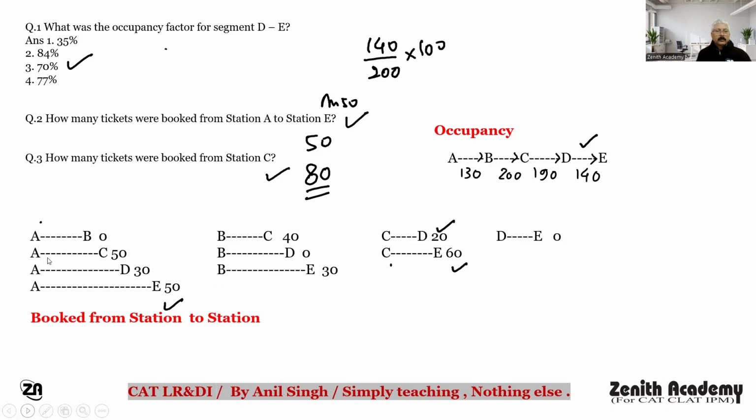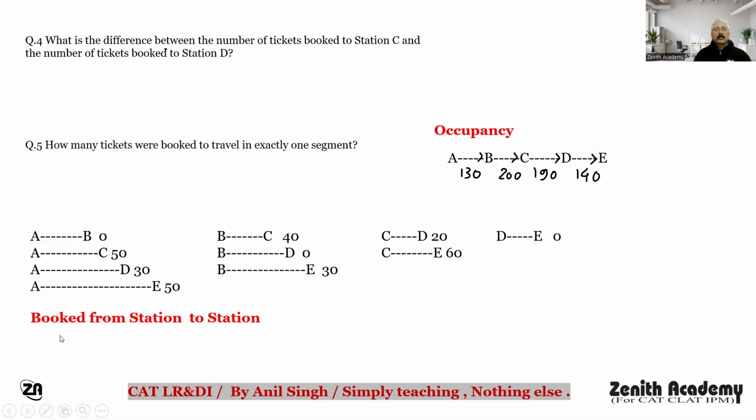Two more questions. What is the difference between the number of tickets booked to station C and the number of tickets booked to station D? Booked to station C. So A to C 50, B to C 40, 50 plus 40, 90.